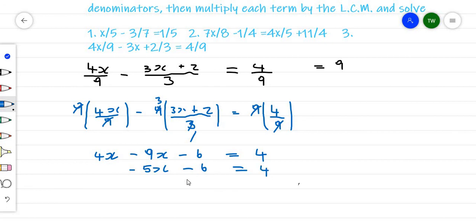Now, if we add 6 to both sides, what we're left back with is this -5x is equal to 10. Because if you add 6 to both sides, -6 plus 6 would give you 0, and 4 plus 6 would give you 10. So in order to determine the value of x, we just need to divide both sides by -5.